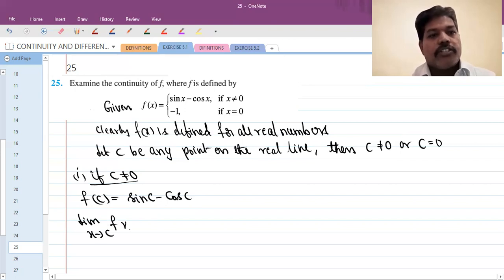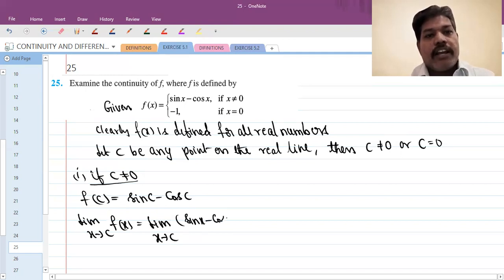But C is not equal to 0. In that case, f of x will become sin x minus cos x.